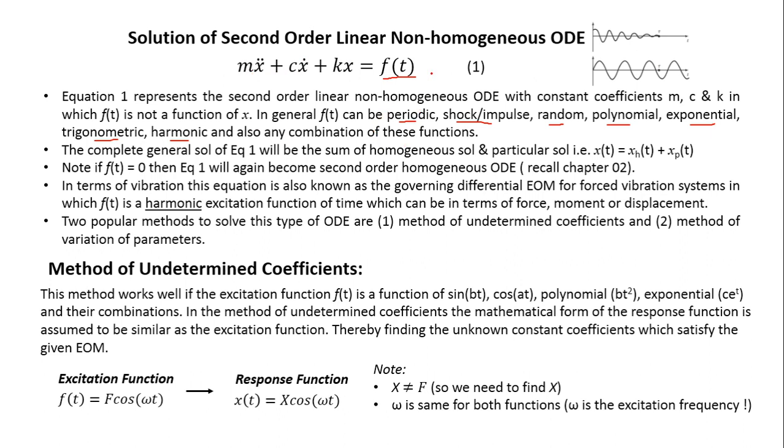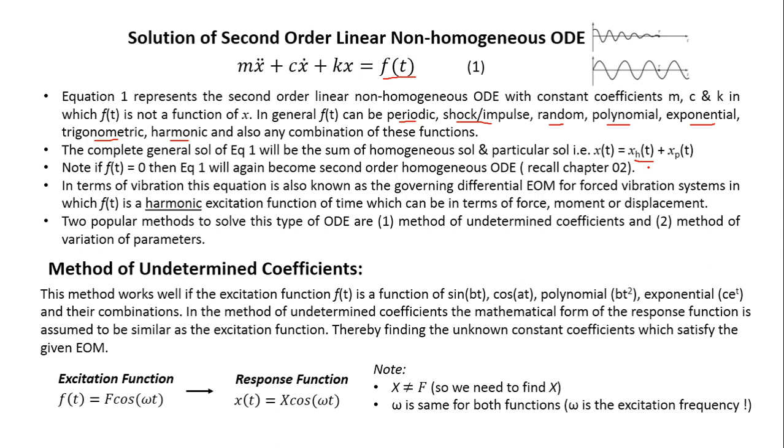And so the solution of equation number 1 will be composed of two parts because it is a non-homogeneous second order equation. So the complete, general solution of equation 1 will be composed of two parts. The first part is the homogeneous part that we have solved in chapter number 2, and you have seen how to get the response of homogeneous second order differential equations.